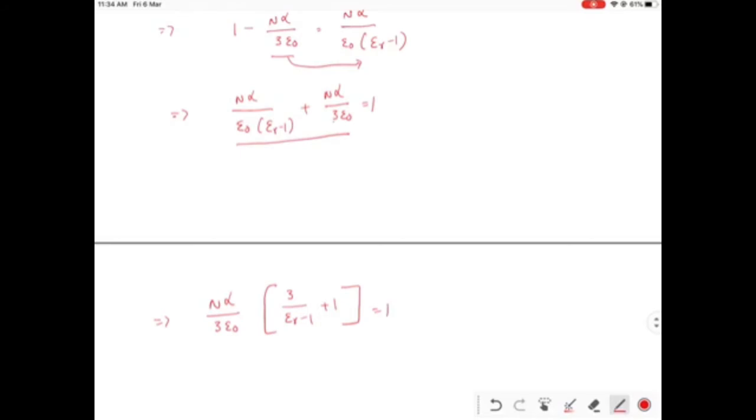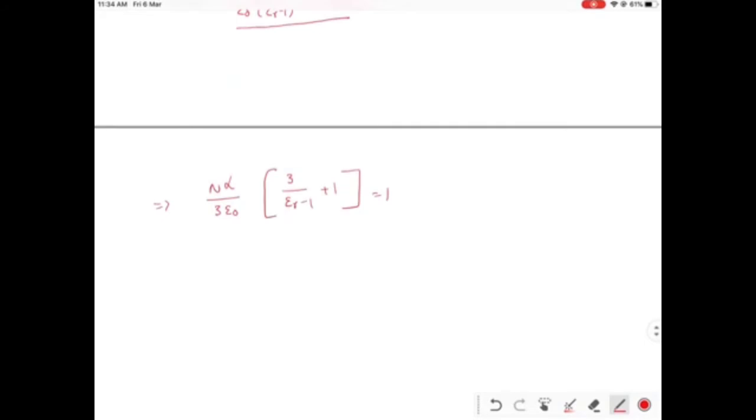That is, N alpha by 3 epsilon naught into 3 plus epsilon r minus 1 by epsilon r minus 1 is equal to 1.